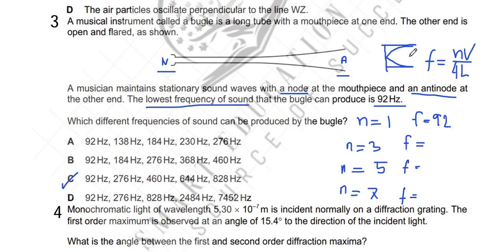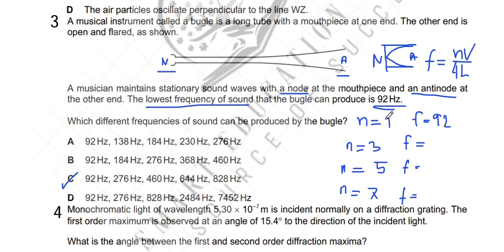So this is very much similar to this type of wave diagram where there is a node and antinode, this pattern, which is a quarter of the wavelength. So according to that, the frequency formula would be nv by 4L. The bugle can produce the lowest frequency of 92 Hz. So this is the lowest frequency, and they asked for the other frequencies.